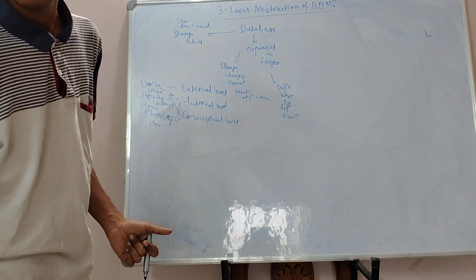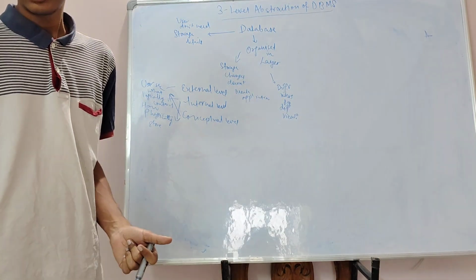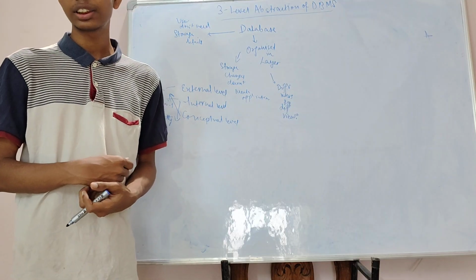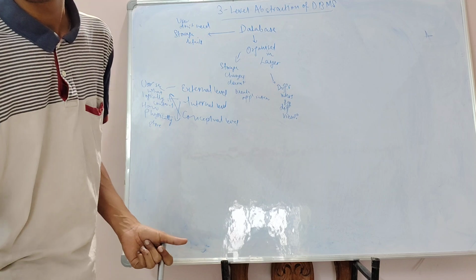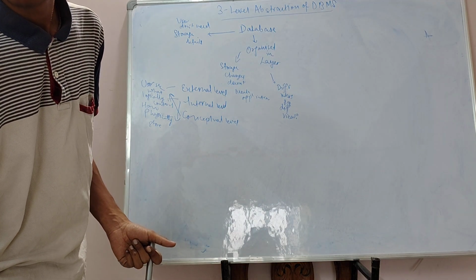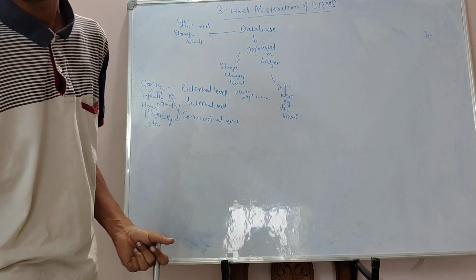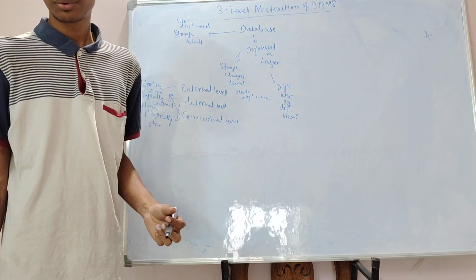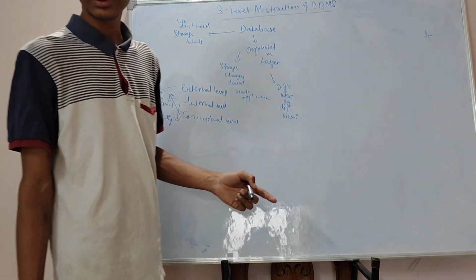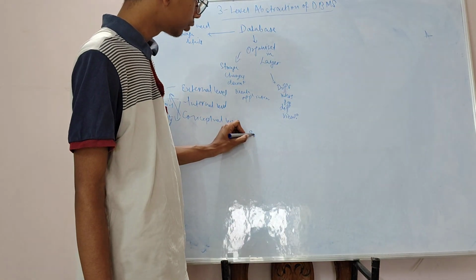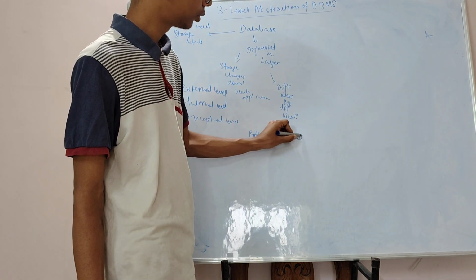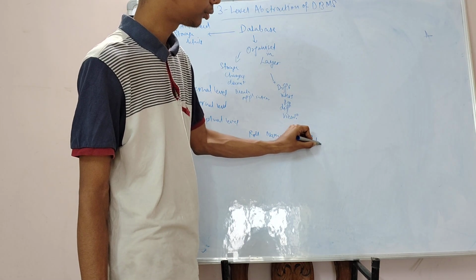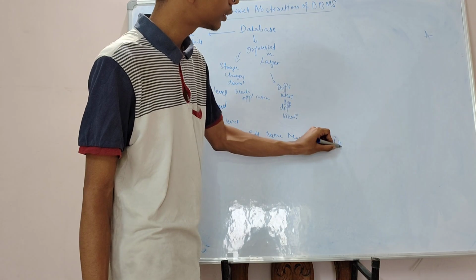Now, the external level is the highest level. Each user group sees only the part of the database that they need. For example, suppose my database contains roll number, name, marks, salary, and attendance.